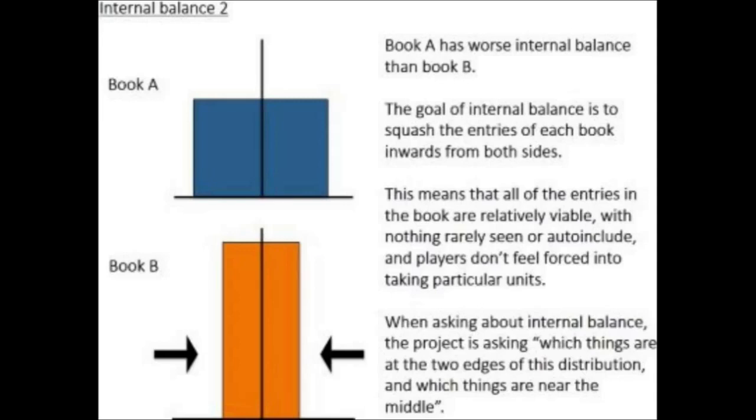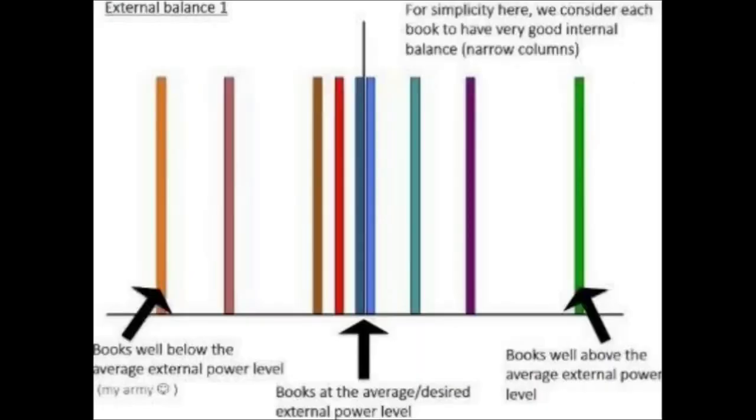Let's have a look at the external balance now. Every book is grouped in external balance by how good that book performs on average against each other book. Well, each other book? No, against the totality of the other books.